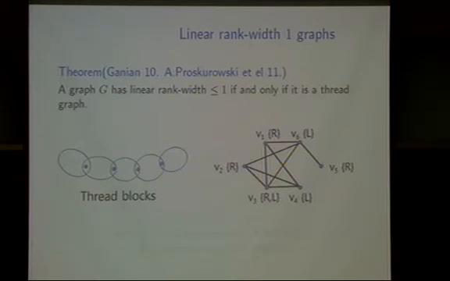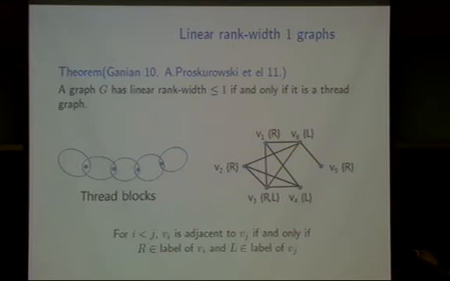There are thread blocks connected by something like a path, and in one thread block there is a vertex sequence, and there is a label. Each vertex has a label R or L or R and L, and edges are defined by this rule.